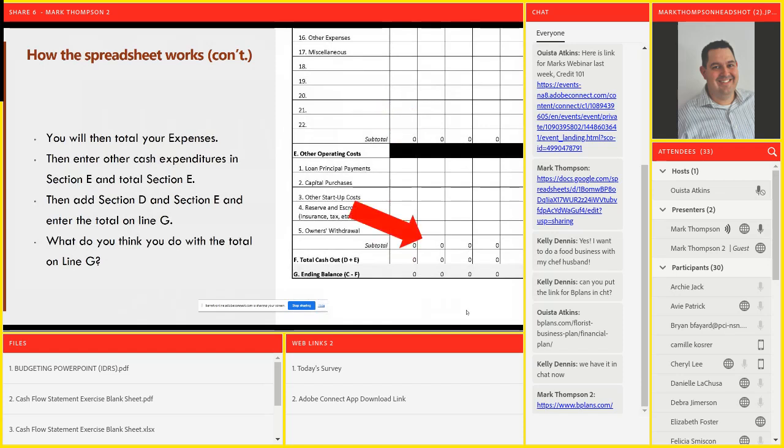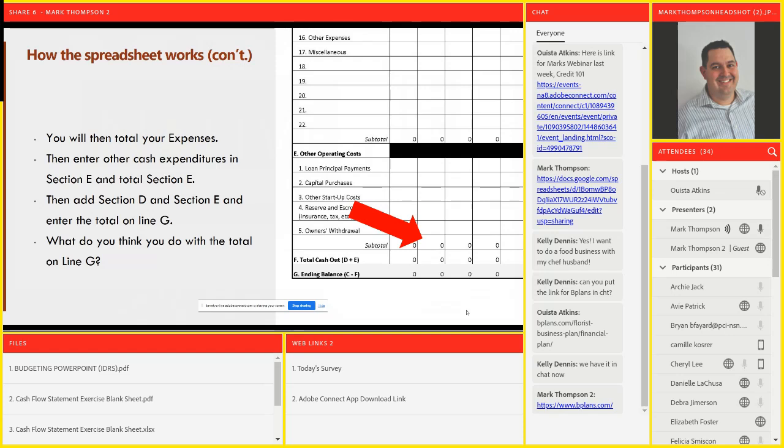We have other operating costs here. The reason we have other operating costs is because, if you're familiar, and it's a little bit much for this class, if you were looking at a profit and loss statement and a balance sheet, those are the two main financial statements that we use inside a business. There are certain things that go on the profit and loss statement and some things that go only on the balance sheet.